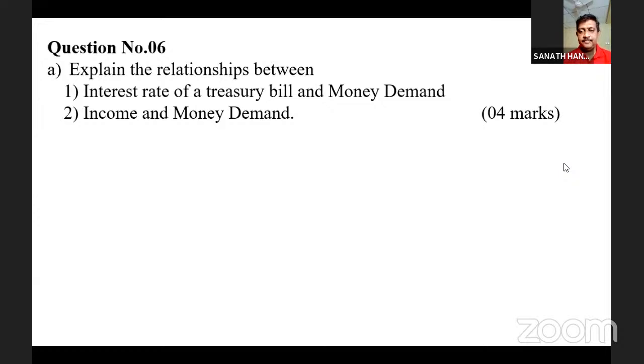Therefore, they keep money in their hands, to be invested in future.